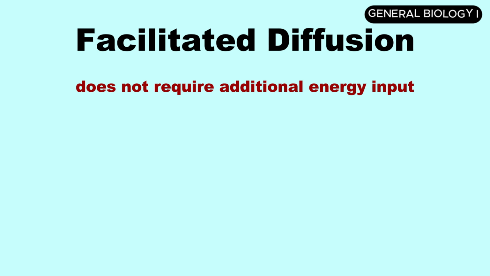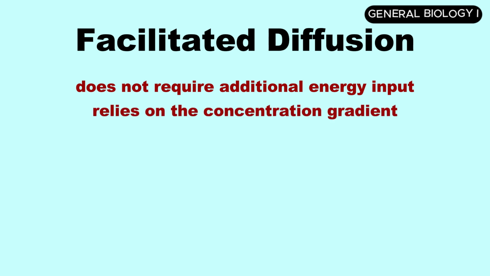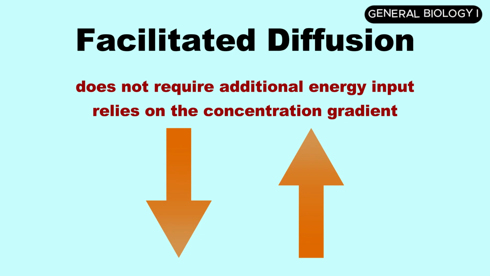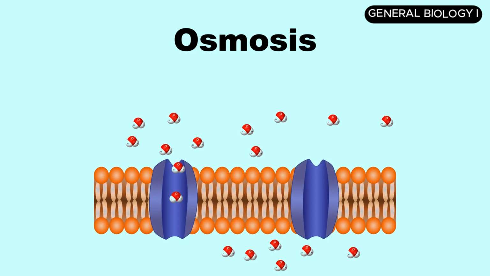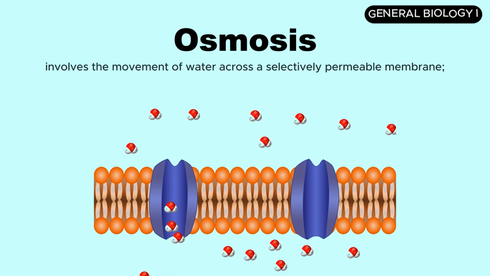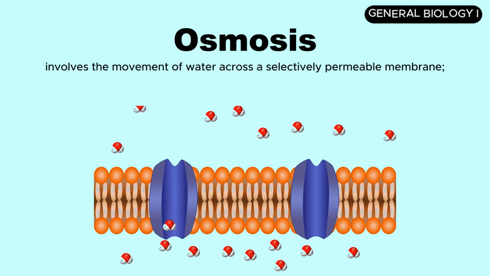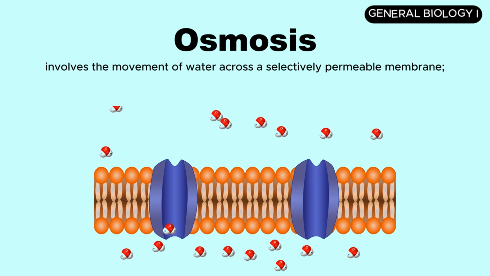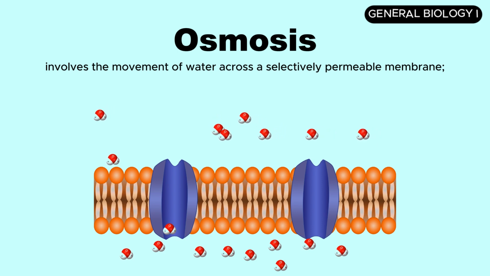Although facilitated diffusion uses proteins to assist, it still does not require energy and relies on the concentration gradient, just like simple diffusion. The third type of passive transport is osmosis, a specific form of facilitated diffusion that involves the movement of water across a selectively permeable membrane.